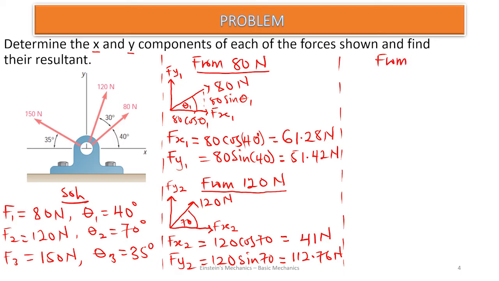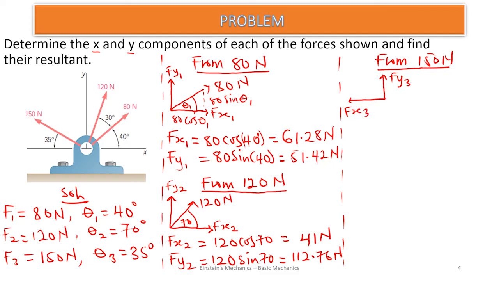the last one, from the 150 Newton force, we can also resolve it x and y. And when we draw, it is going to be represented in this form. So this is force resolved on the y3. Let's call this force resolved on the x3.